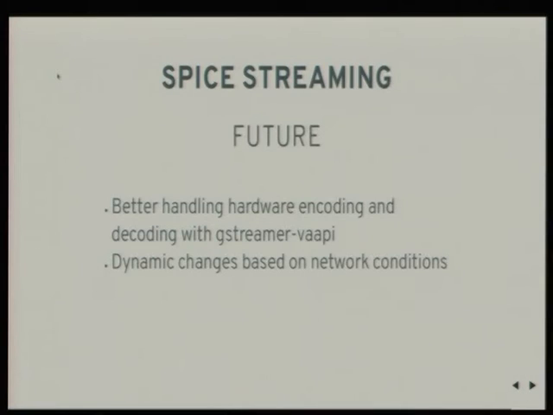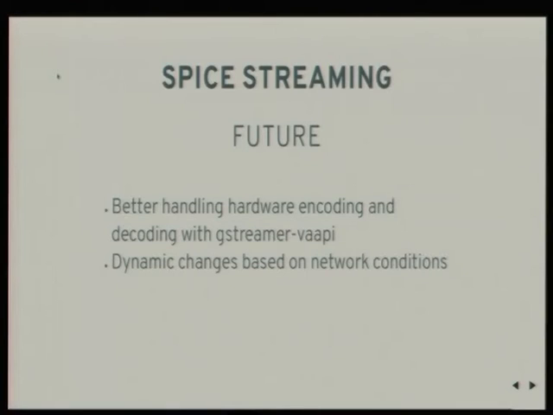So that brings us to the future, and this is something that we want to do in the next few months upstream: handling hardware decoding and hardware encoding better with GStreamer VA-API, which got integrated in GStreamer 1.10. I know that the decoding side is quite okay, the encoding side not so much, but let's see. Also, there are some other applications that might want to handle the streaming differently.